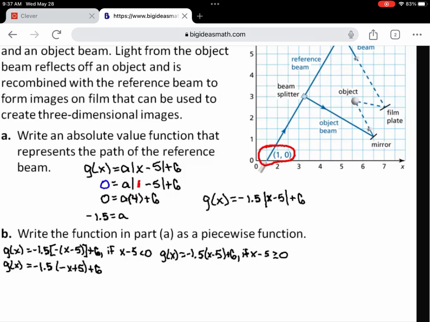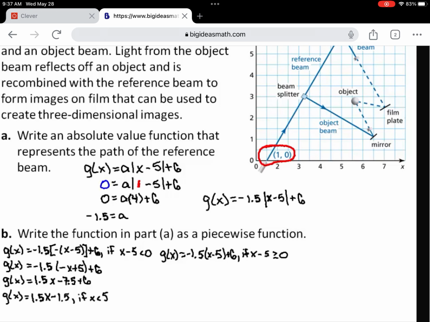Distributing the negative 1 5/10 through the quantity negative x plus 5, you get 1 5/10 x minus 7 5/10 plus 6. Then combining like terms, you are left with 1 5/10 x minus 1 5/10. The inequality x minus 5 is less than 0 simplifies to x is less than 5. So you have g of x equals 1 5/10 x minus 1 5/10 if x is less than 5.